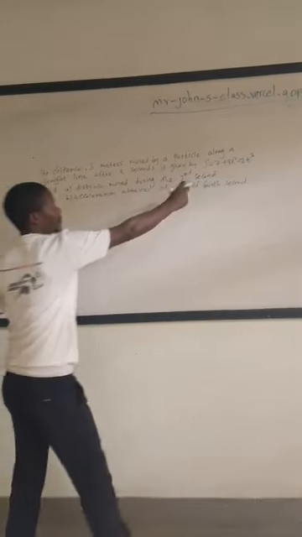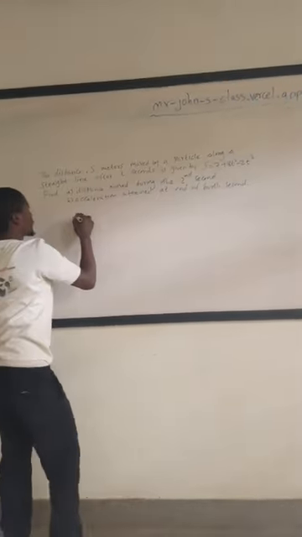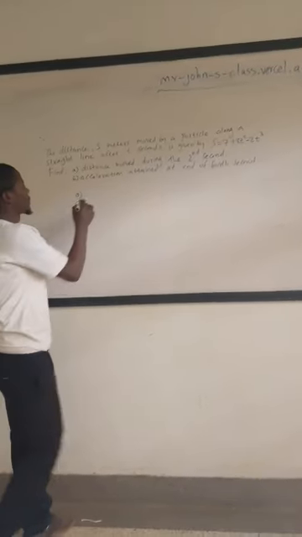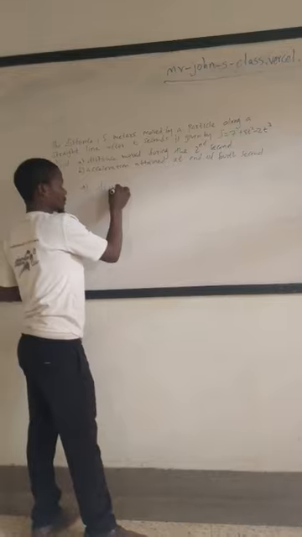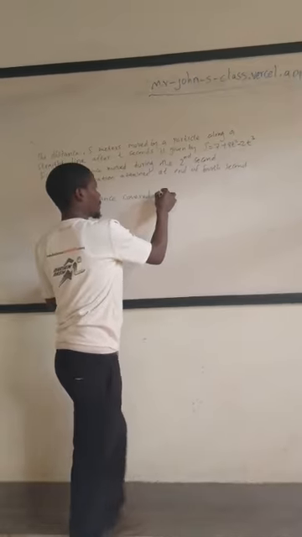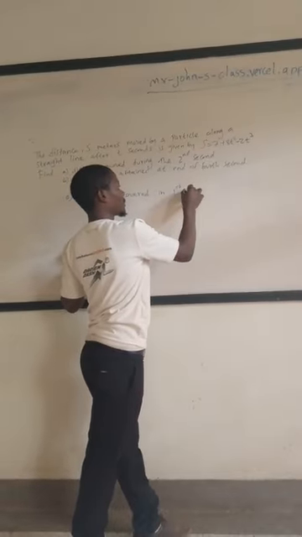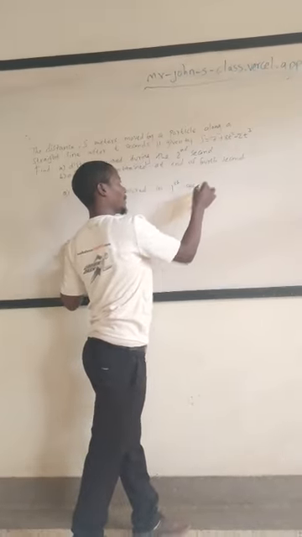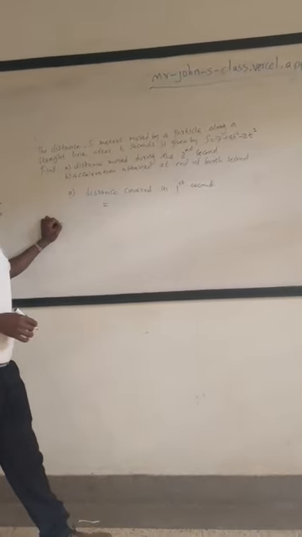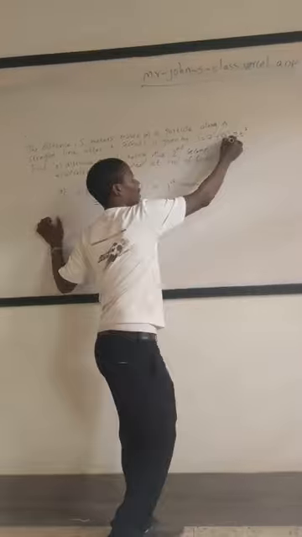What we're going to do is very easy. We have this expression. We start with A. The distance covered in the first second will be equal to, we substitute the value of t as 1.